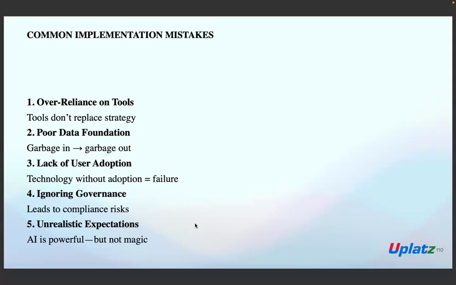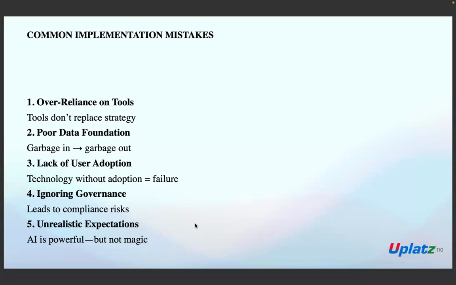Now let us understand the common implementation mistakes that need to be understood for better implementation of the tools for effective financial planning. The first mistake is over reliance on tools.